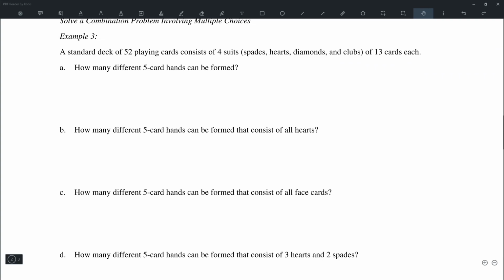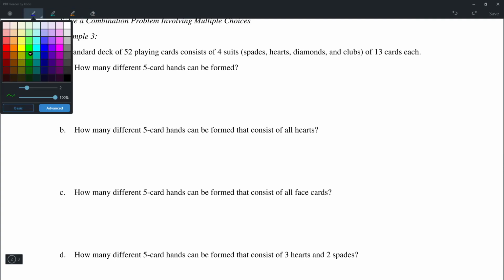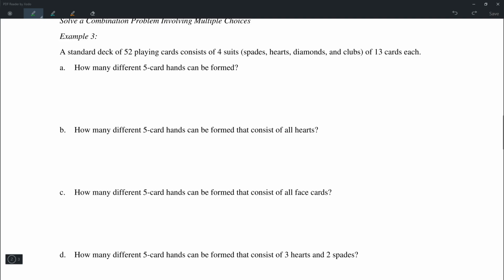Now, the next set of questions are about a deck of cards. So a standard deck of 52 playing cards with 4 suits and then 13 cards each. The first part of the question asks how many different 5-card hands are there. So for this one, all we are looking at is that there are 52 different cards. I'm going to choose 5 of them. The order does not matter, so this is a combination question.